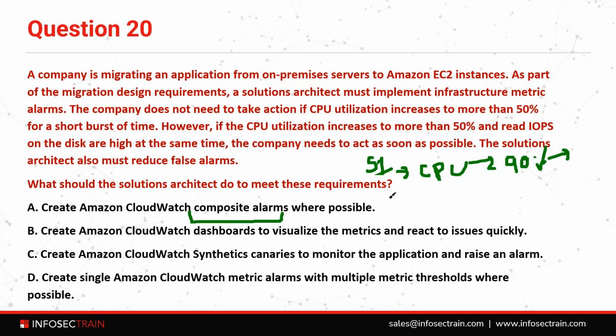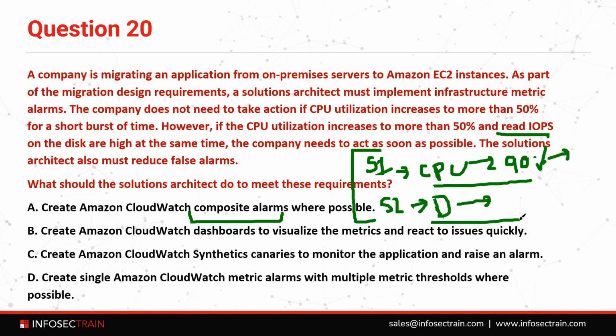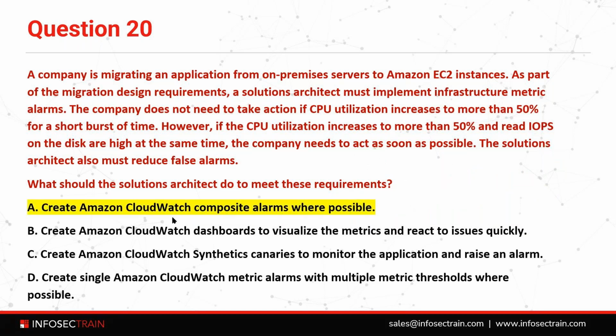You can also have another scenario, scenario two, where when your disk read write speed is high as well, then also create an alert. So you're now combining both the conditions. You're saying when the CPU is 90% and at the same time the disk is also high, then generate the alarm. That is called composite alarm, combining two individual or independent alarms. That's what we have by the name of the composite alarm.